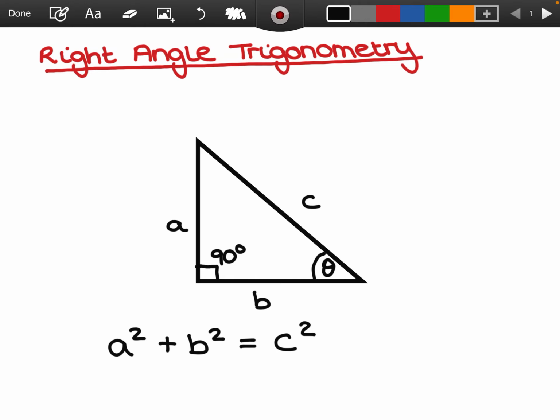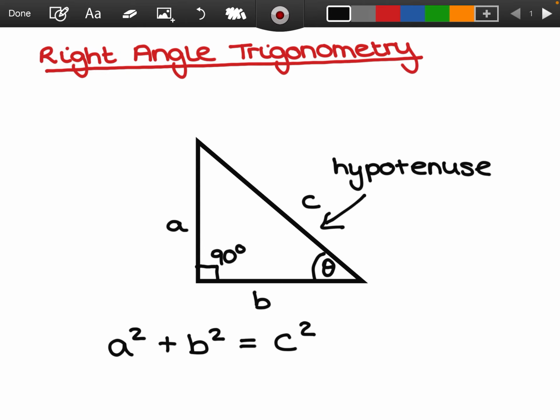That tells me that the two sides that are next to that right angle, if I square them and add them together, it should equal what we call the hypotenuse. I'll write that term down. Okay, it's this side here, that diagonal side that is opposite that right angle. A squared plus B squared should equal C squared.